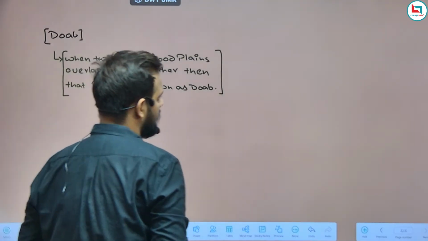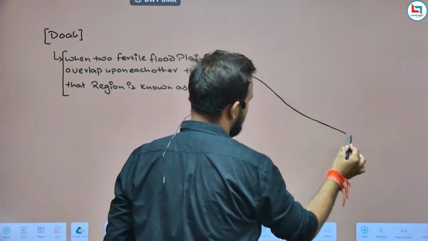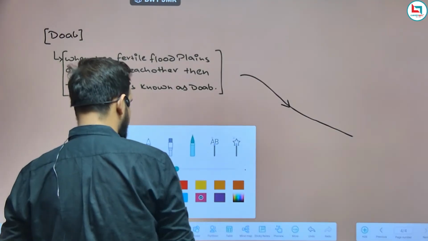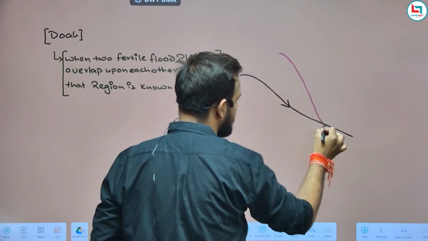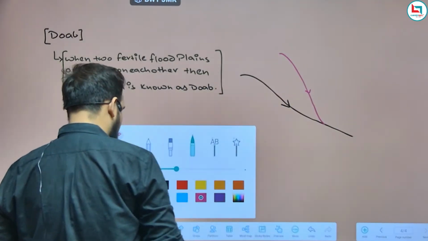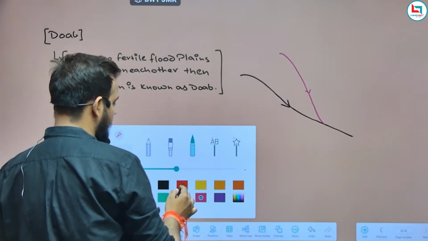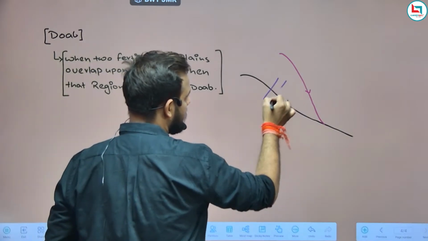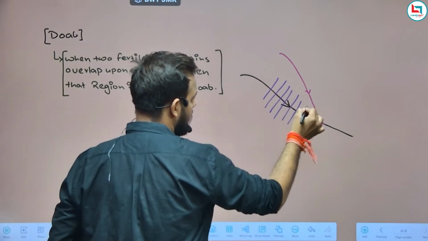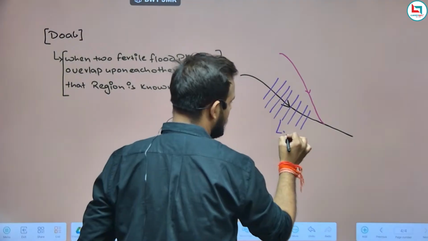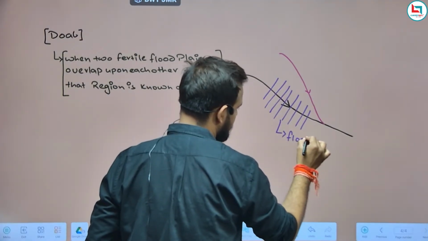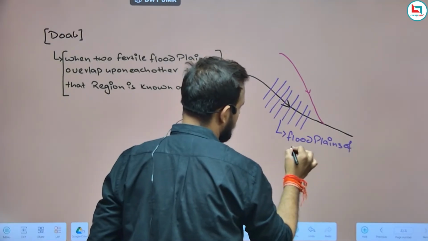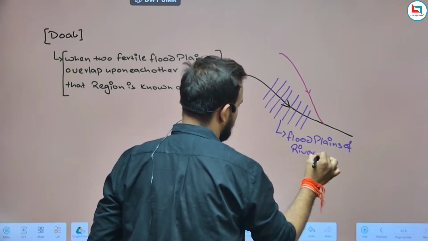Now, let me show you a diagram representation. Here we have the river. This river is flowing like this. And we have the tributary of this particular river like this. They both are making their floodplains. These are the floodplains of the main river, the floodplains of river 1.